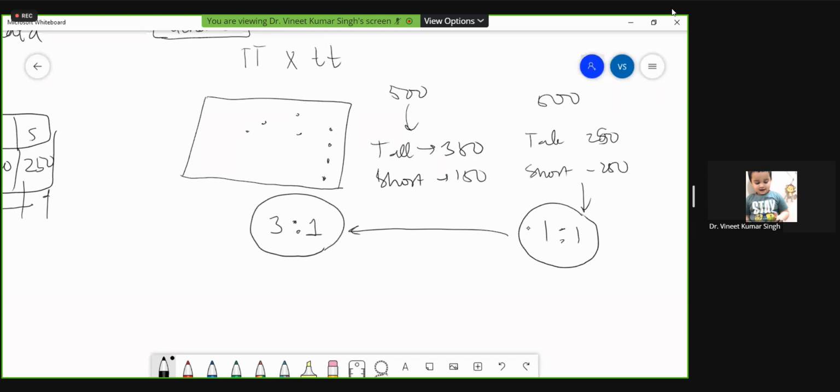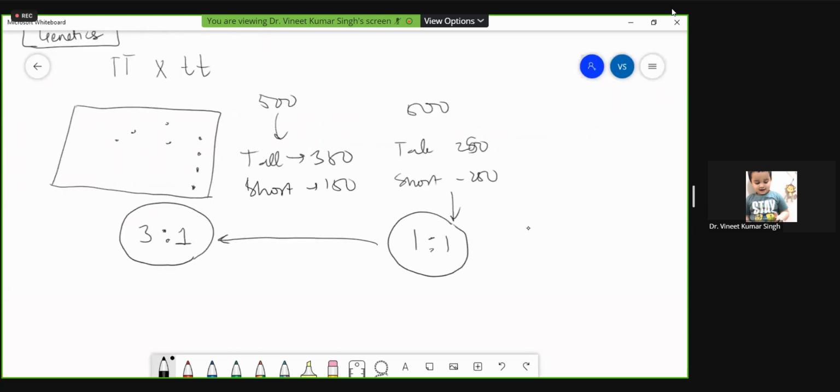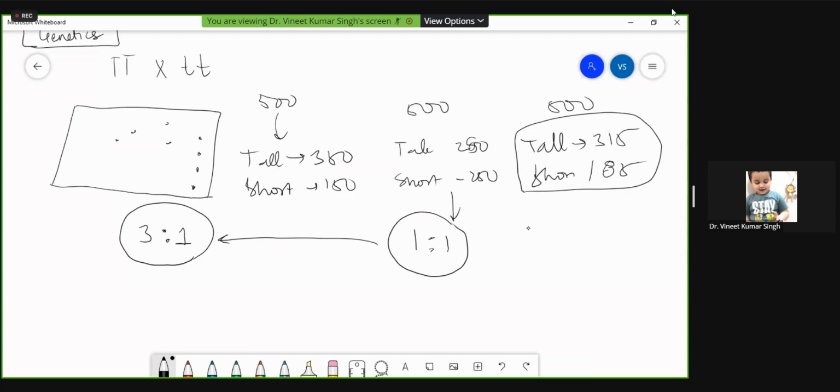So exactly this does not come, so what comes? Suppose generally what results come? Tall comes, suppose 315 and short is 185. Okay, so 315 and 185. So does this value differ from the Mendel ratio or not?